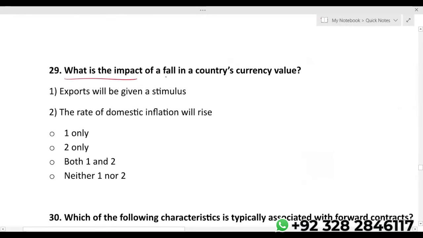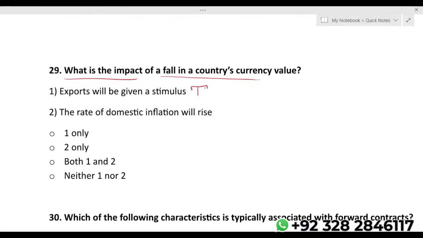What is the impact of a fall in the country's currency? If my currency is depreciated, exports will be given a stimulus. Yes, true. Always remember, when the local currency is depreciated, it encourages exports. For example, the Pakistani currency was very strong some time back.